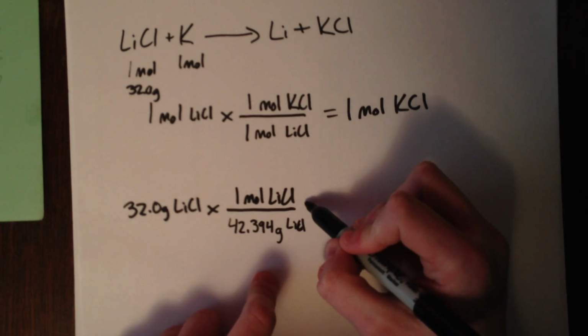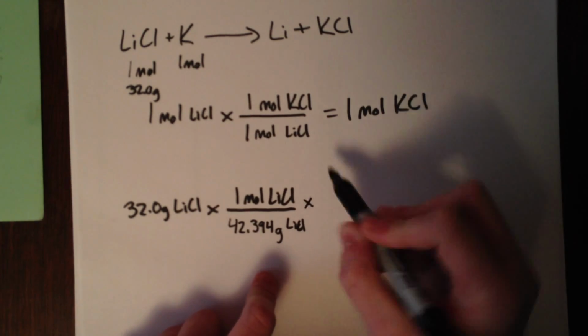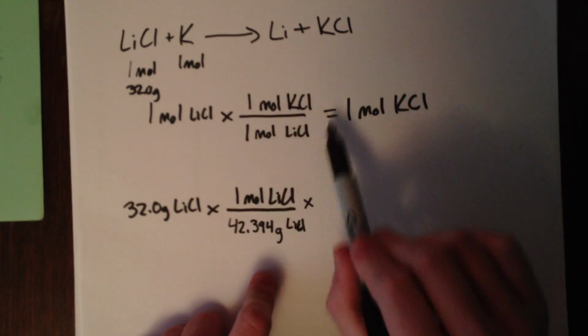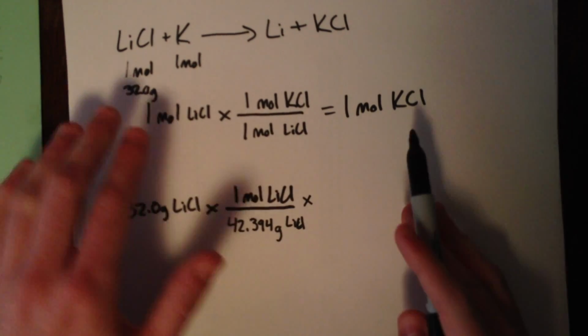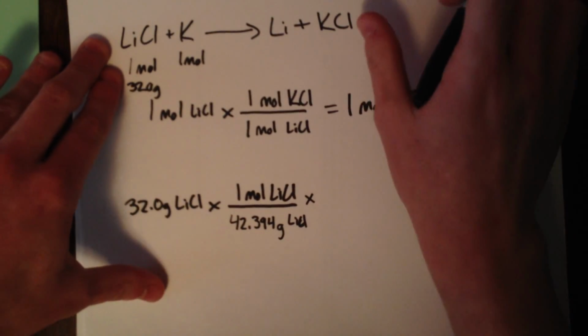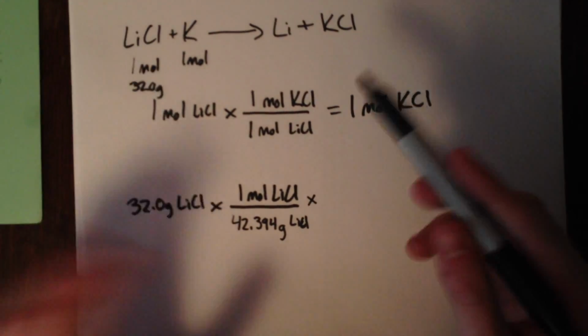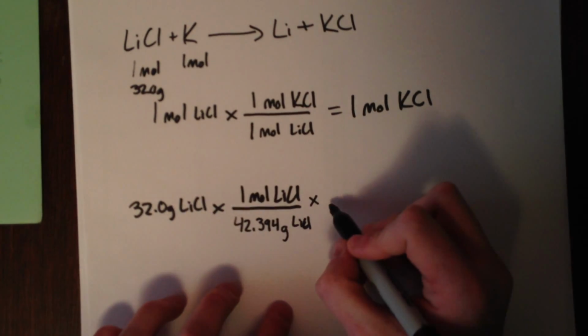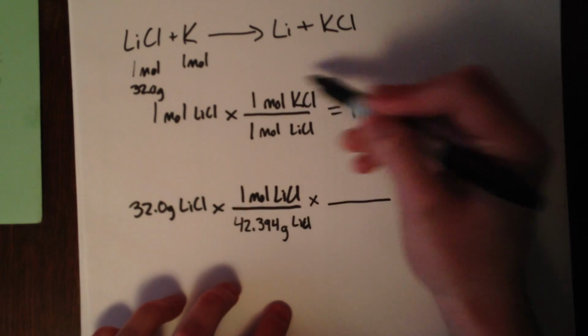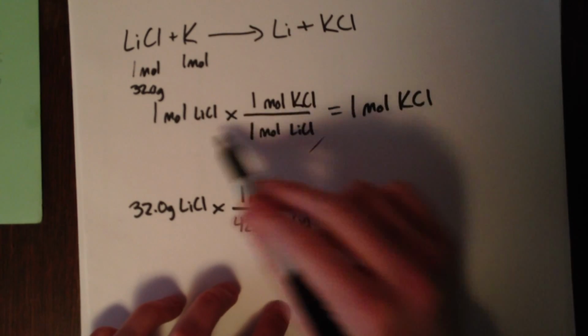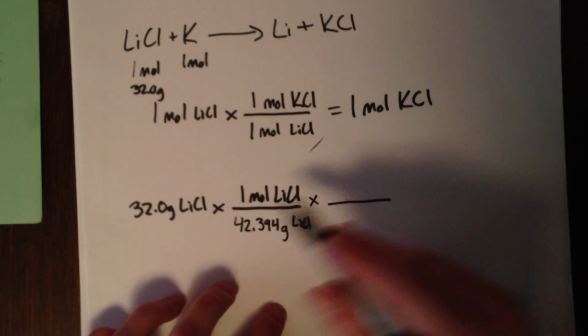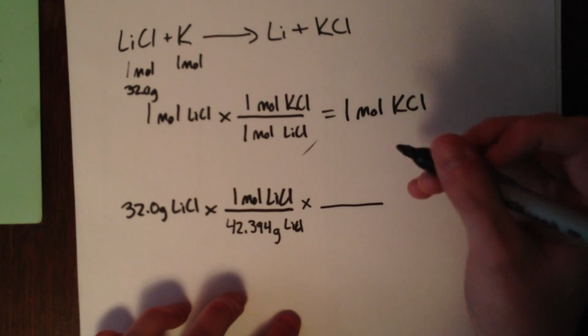So then we just use this internal part to figure out the mole-to-mole ratio of lithium chloride to potassium chloride, sorry about that. So we would basically just copy this part up here. This is why doing this part is very helpful when trying to convert from grams to grams.